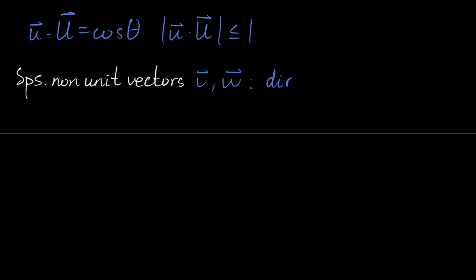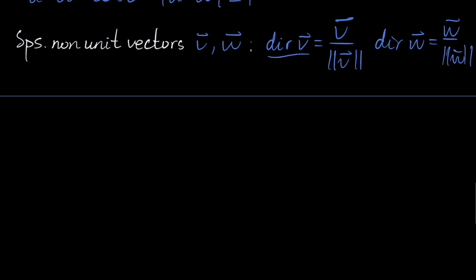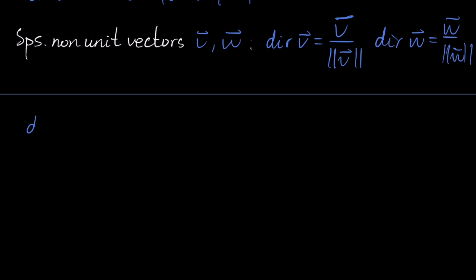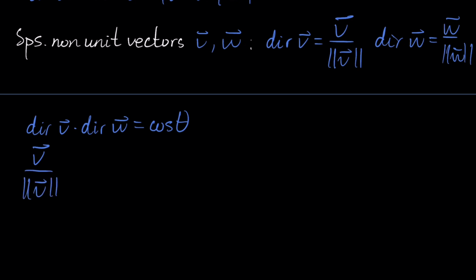Well, we do that with the direction of v, which is v over its length, and the direction of w, which is w over its length. Now, these are unit vectors, so we can apply this property. So the direction of v dotted with the direction of w is equal to cosine theta, where theta is the angle between the two vectors. This is equal to v over the length of v dotted with w over the length of w.